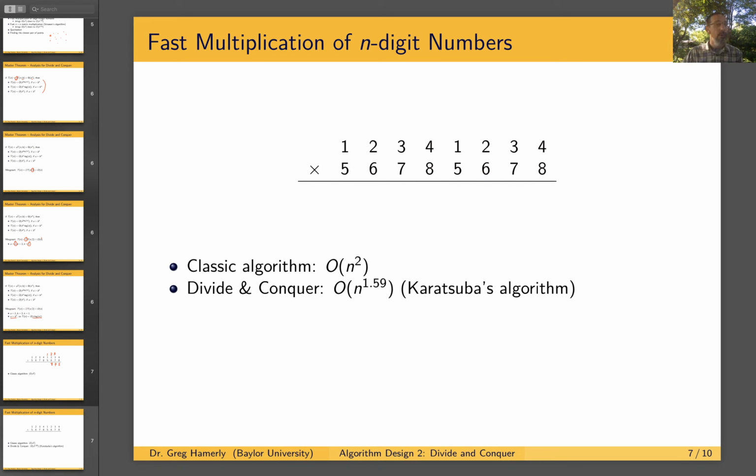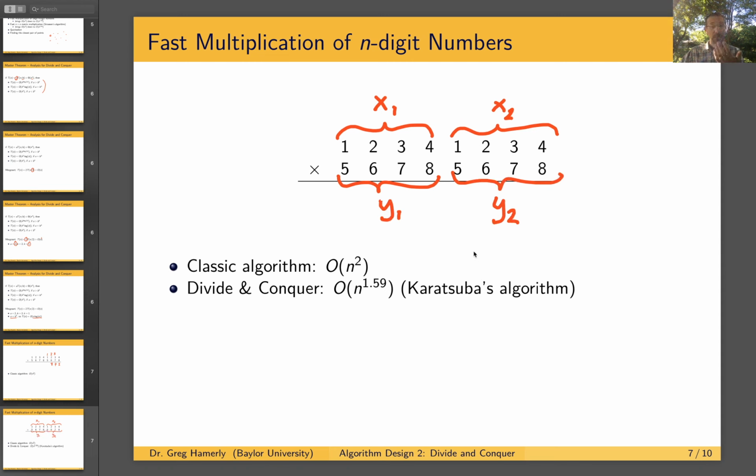Now, where does that 1.59 come from? You might guess it comes from the master theorem. How does Karatsuba's algorithm work? Well, it's a bit too much to talk about right now, but at a very high level, what it does is it defines this multiplication as a multiplication between four pairs of numbers. We take this portion and this portion, the first and second half of this number, as x1 and x2, and then we have this portion and this portion, and we'll call these y1 and y2.